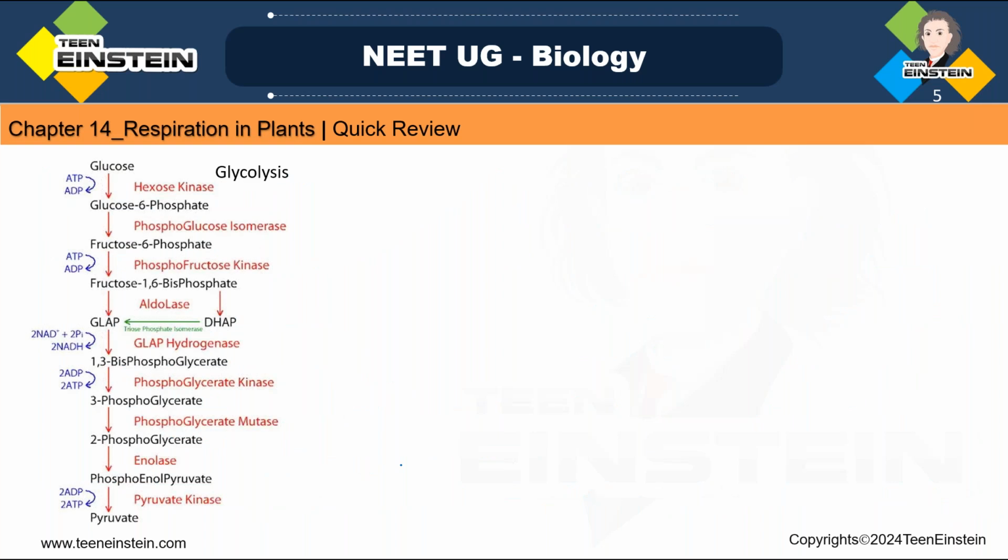Next, first we need to learn about glycolysis, the first process of aerobic respiration. Glycolysis takes place in the cytoplasm.